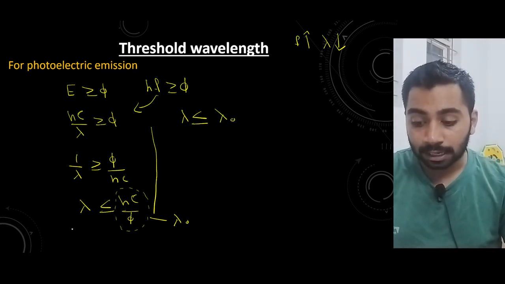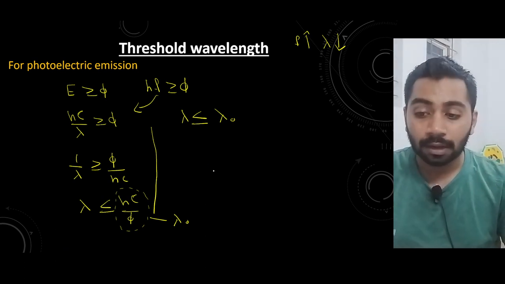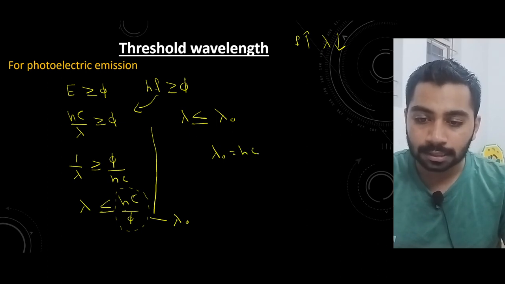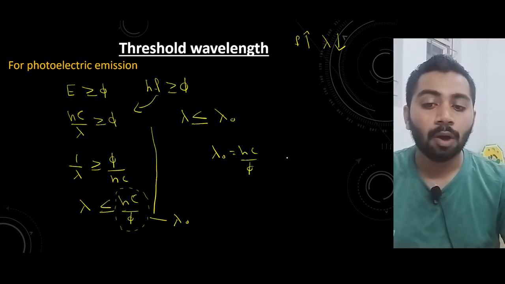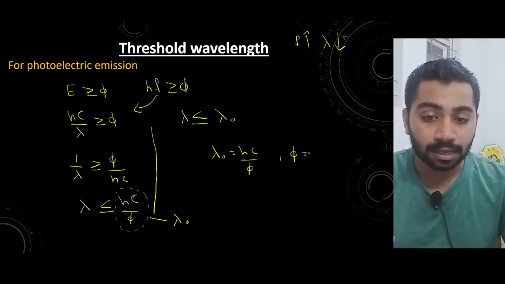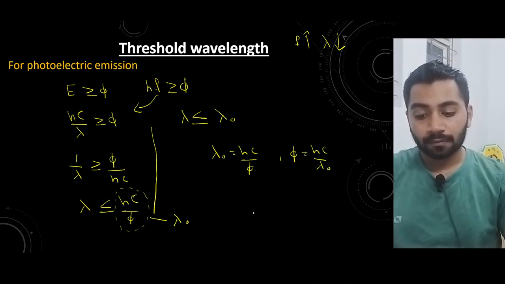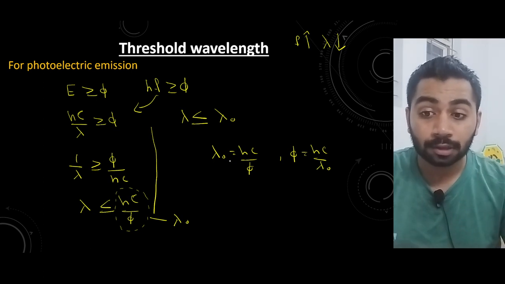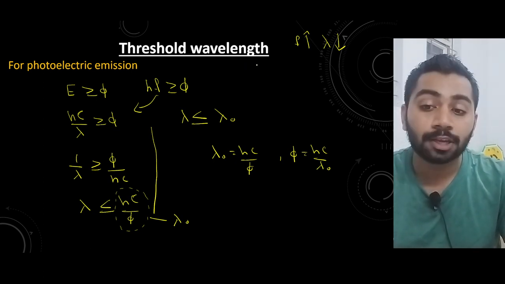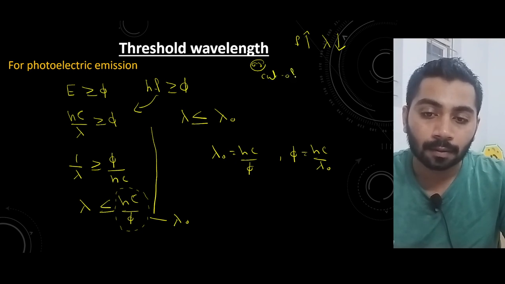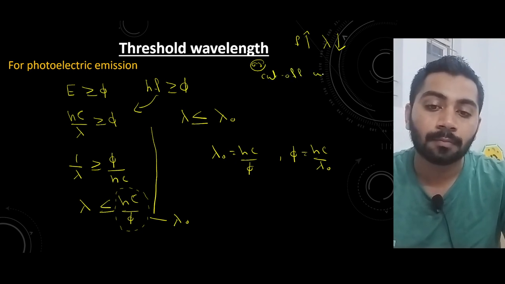We got our condition, and we know this is equal to hc by phi. And if we want the work function, we can derive it like this. Remember, very simple: threshold wavelength, or you can say cutoff wavelength.